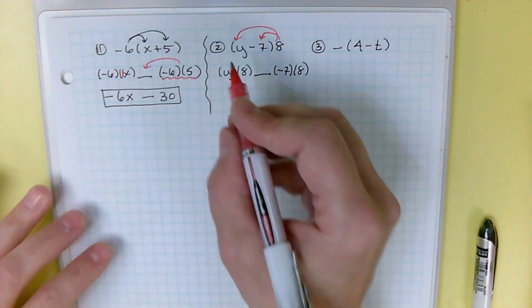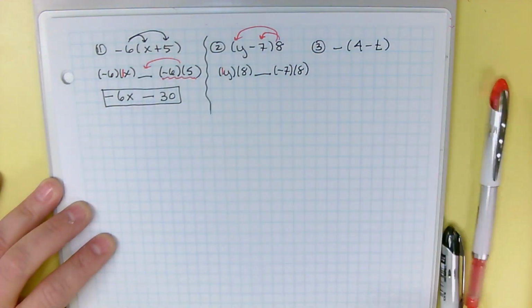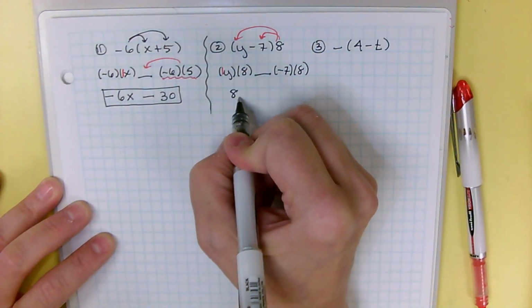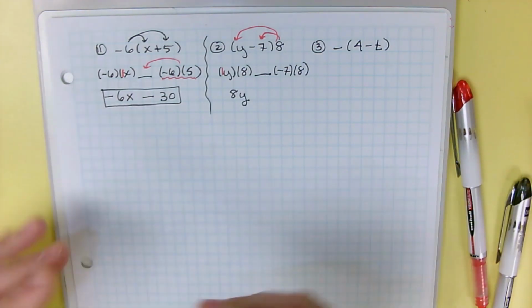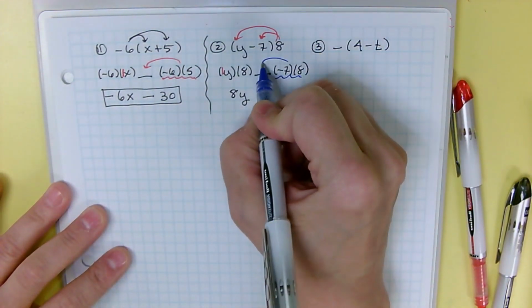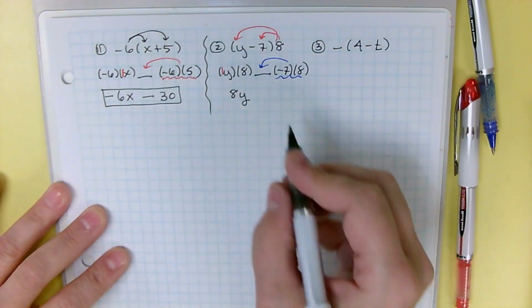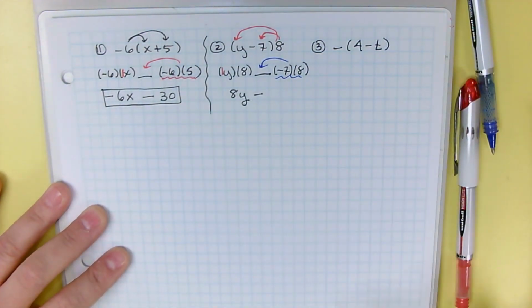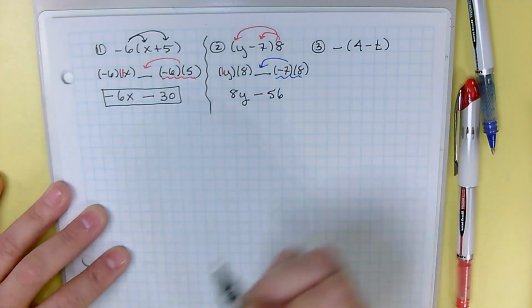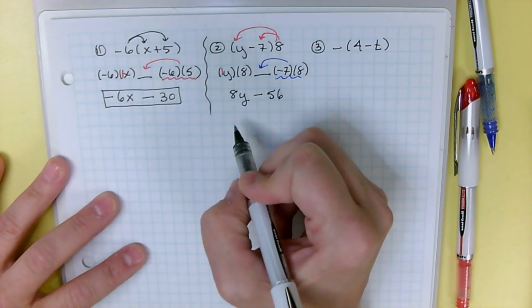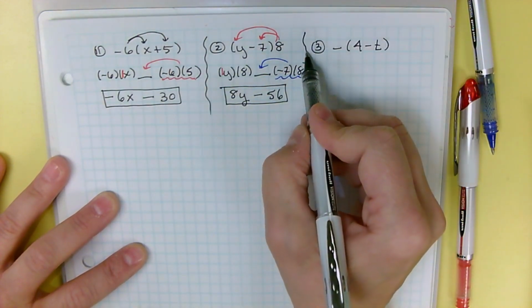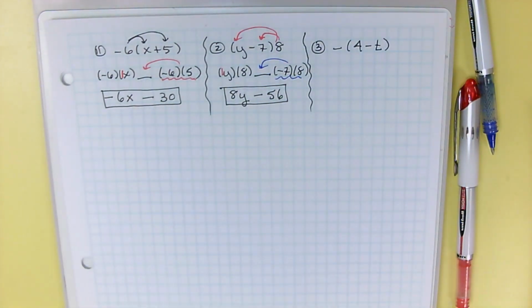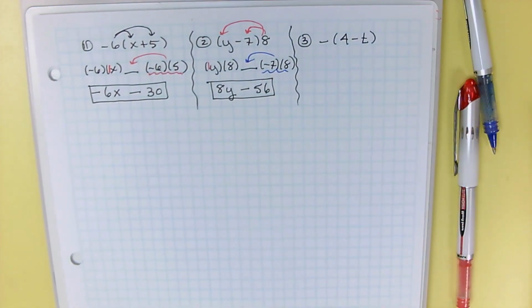So for the y times 8, remember there's an invisible 1. 1 times 8 is 8. Tag the y. Now, whatever sign you get off the second pair goes in the middle. A negative times a positive is a negative. 7 times 8 is 56. And it's already in the right order because y comes before number terms. Number terms are always last.